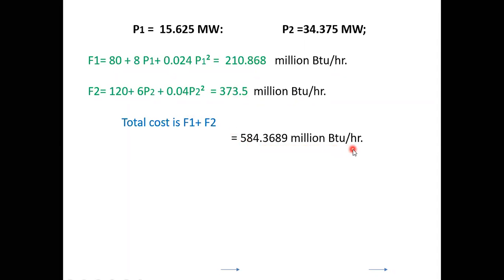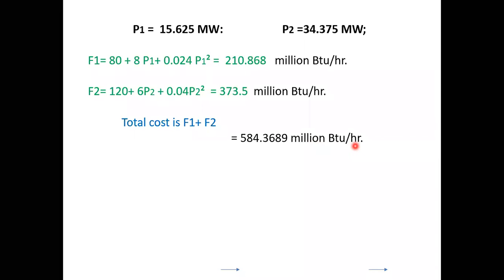But the most important point is, in order to find out our total fuel cost in terms of rupees, we need to consider how much cost is for each million BTU, at the same time how much time is there. So how much time is there here? 50 megawatts.